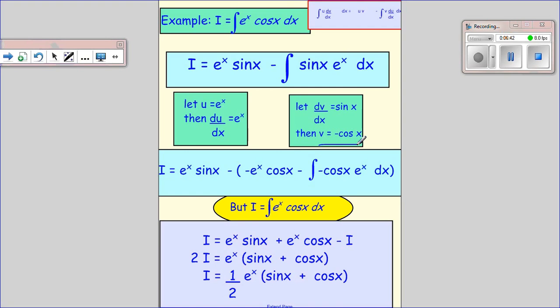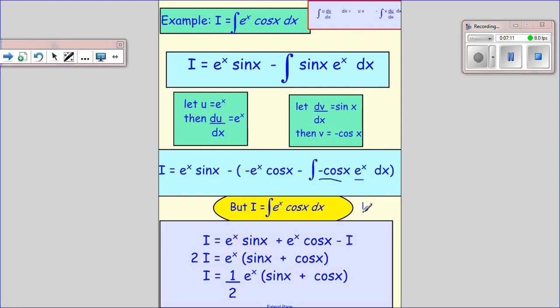Then I very, very carefully, watching all my signs, substitute back into here. So I've got e to the x sin x minus, then put a bracket round, and you're going to use integration by parts for this thing. So you're going to have your u and your v, and I've just put the minus sign for the minus cos there, minus the integral of your v, which is the minus cos x, and your du by dx, which is e to the x.